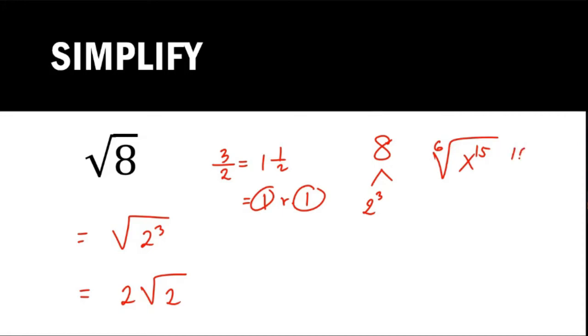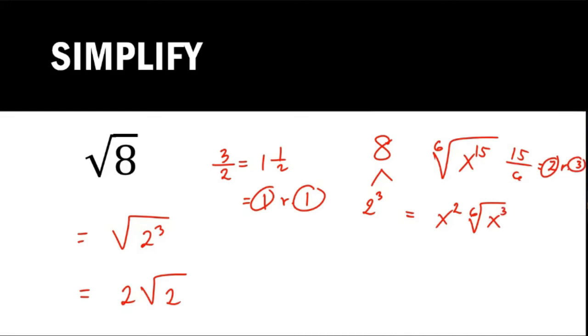If we divide 15 by 6, the answer will be 2 with a remainder which is equal to 3. Therefore, yung 2 dito, that will be x raised to 2 as the number outside the radical, 6th root of x raised to the remainder which is 3.